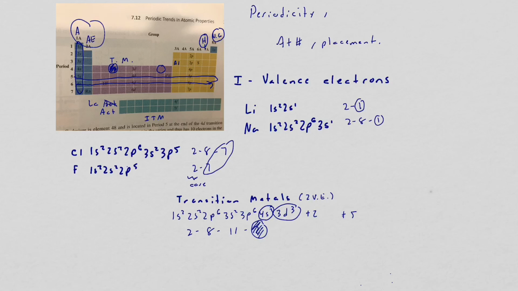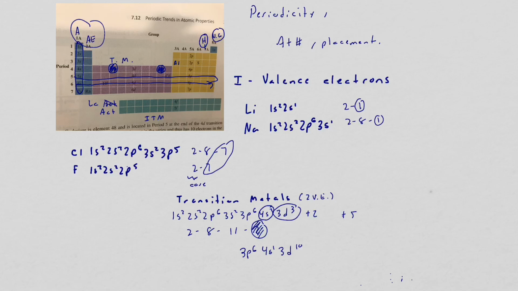Now, at the end of the row, when you get to copper over here, you see some weird exceptions. Copper, at the end, you do 3p6, and then the weird thing is you do 4s1, 3d10. Why does it do this? Supposedly, it's more stable this way.